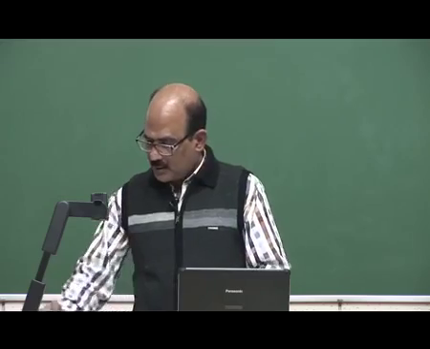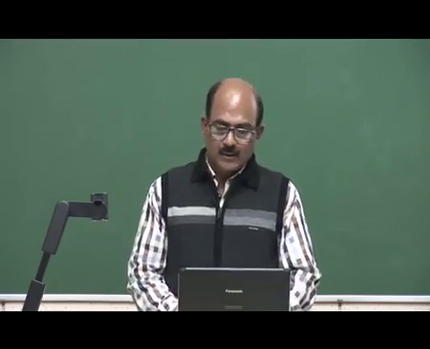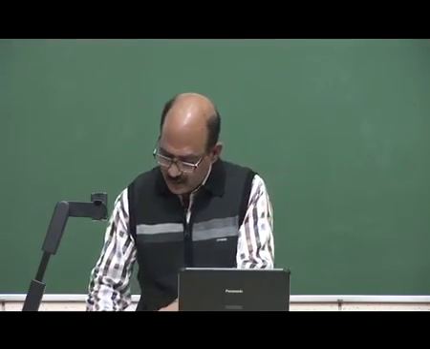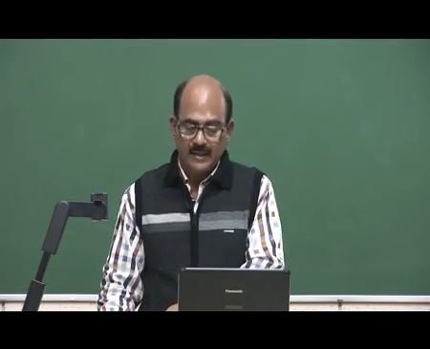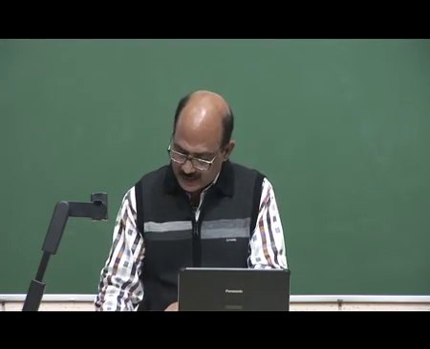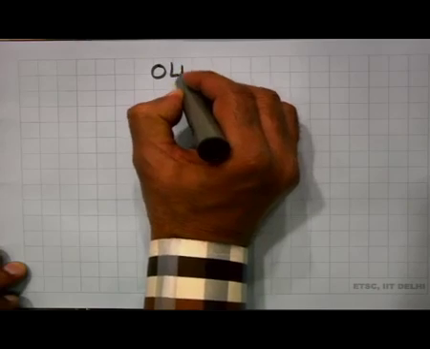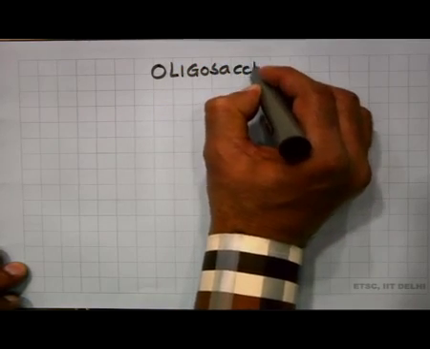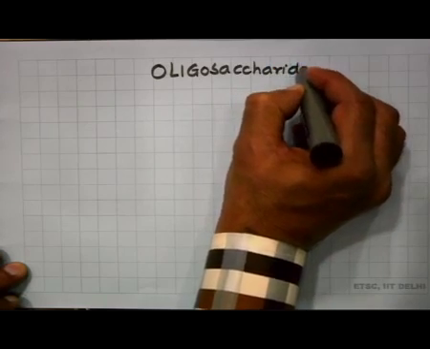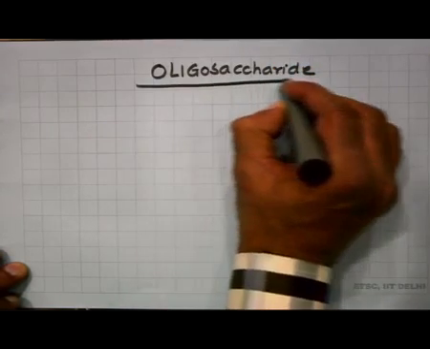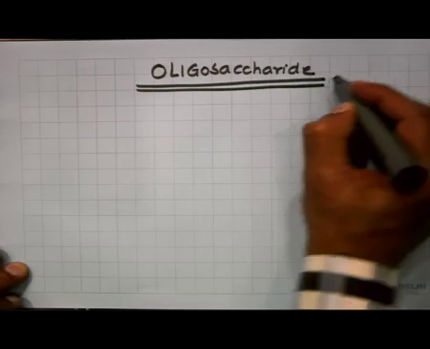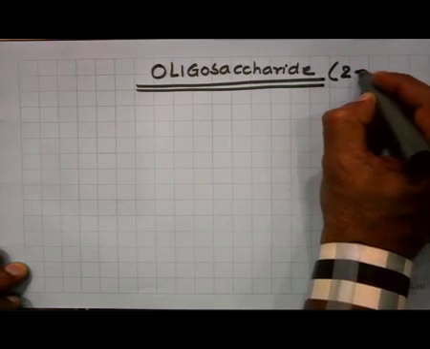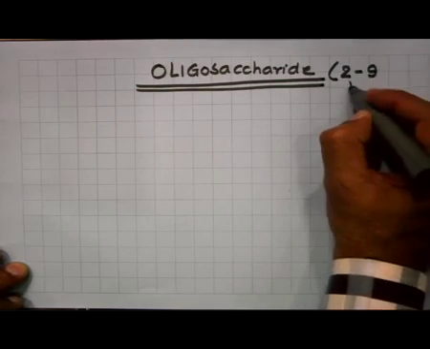Now, after the monosaccharide, the second one of the carbohydrate, that is oligosaccharides. The oligosaccharide, which after hydrolysis gives 2 to 9 monosaccharides.